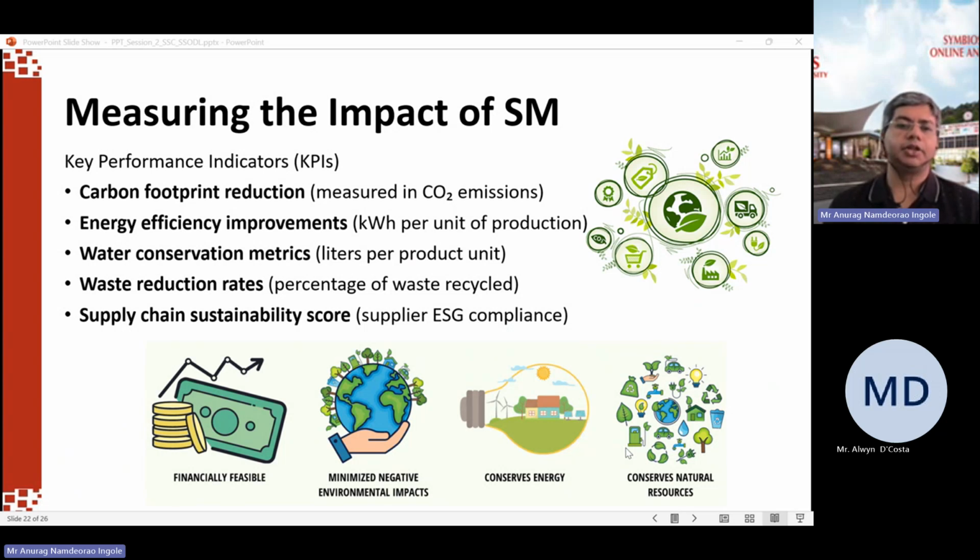And then supply chain sustainability score. So if you are following some kind of ESG compliance, you have some kind of sustainability score, a supply chain sustainability score framework, wherein you put in your data and it will give you some kind of score. So as you move towards global sustainability, you want to match up with the sustainability guidelines of the UN, or maybe some industrial associations in the United States or Europe.